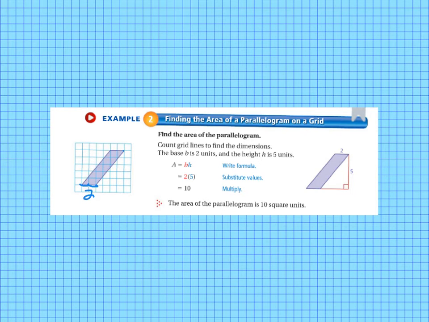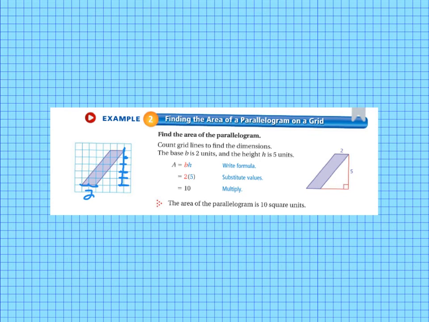So we can draw a line down from the top all the way to where the bottom would be if it were a square or some other shape. And then we can also count from corner to corner. So we can put a little mark up there. 1, 2, 3, 4, 5 units.